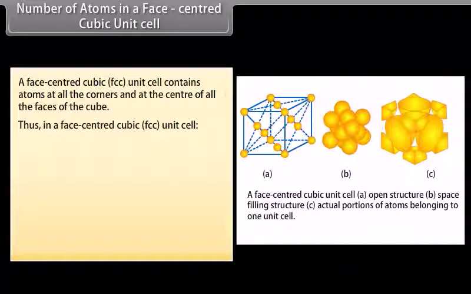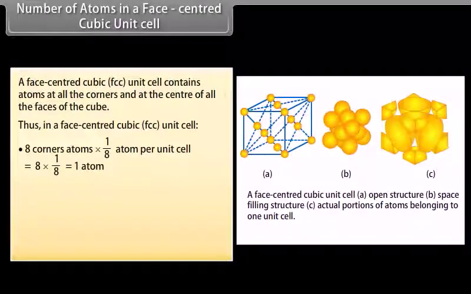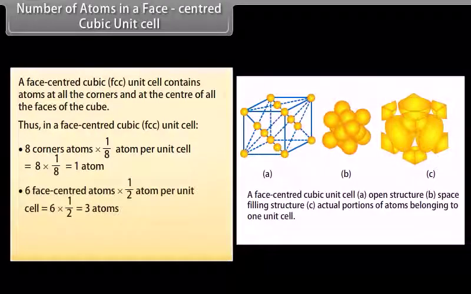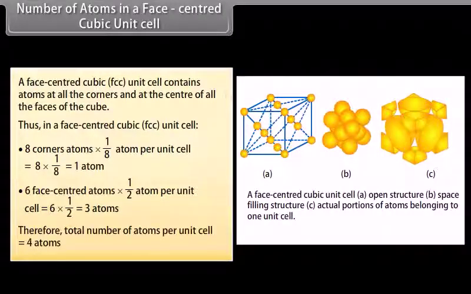Thus, in an FCC unit cell, 8 corner atoms into 1 upon 8 atom per unit cell equals 1 atom. 6 face-centered atoms into 1 upon 2 atom per unit cell is equal to 6 into 1 upon 2, which equals 3 atoms. Therefore, the total number of atoms per unit cell is equal to 4 atoms.